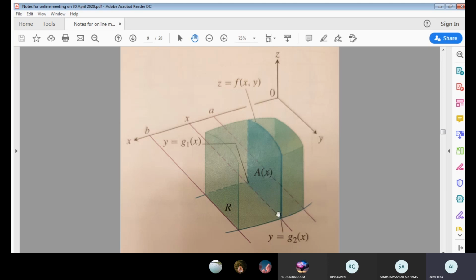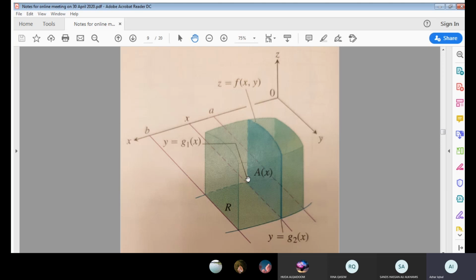Remember that the value of y here is g1 of x, because this is the curve y is equal to g1 of x, and here the value of y is g2 of x. So you have these vertical strips from this blue area.